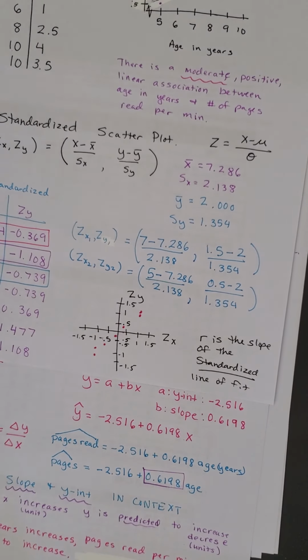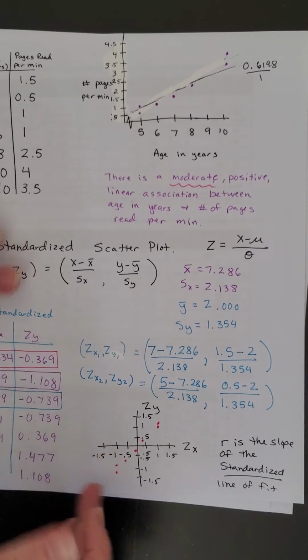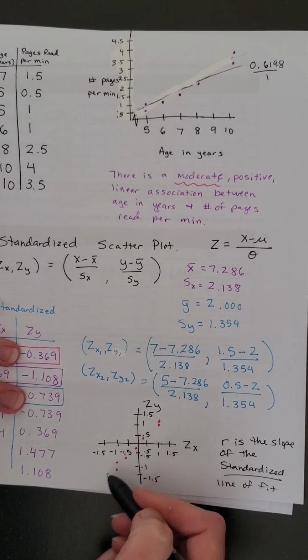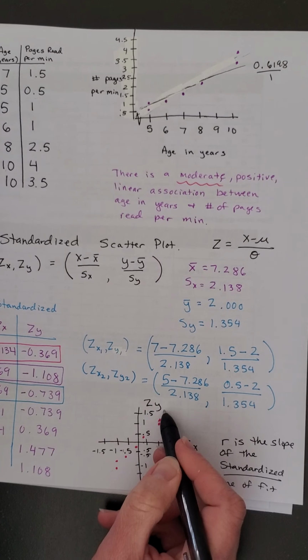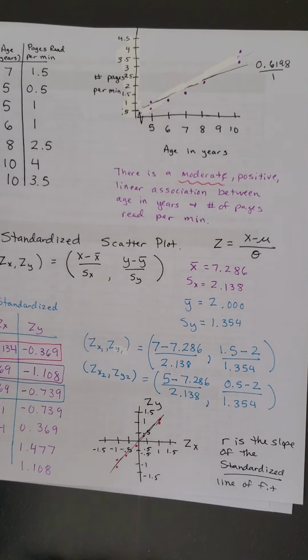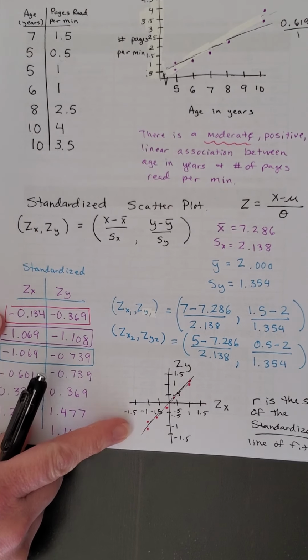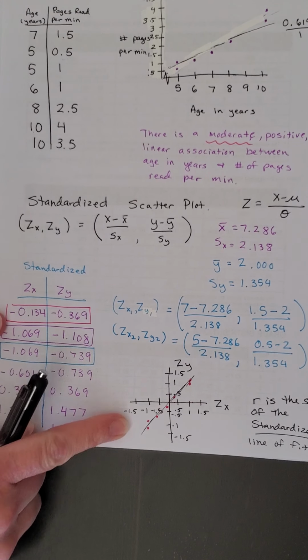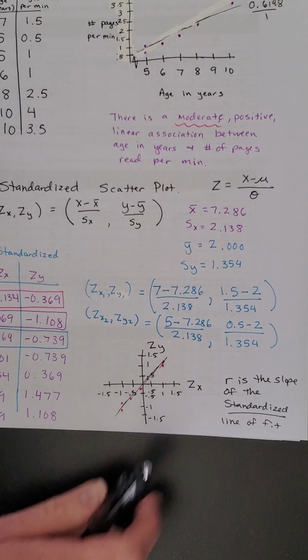So our R value is the slope of this line, which is almost 1. It's a much steeper line. It's almost a perfect 1-to-1 correlation. And so R is the slope of the standardized line of fit.